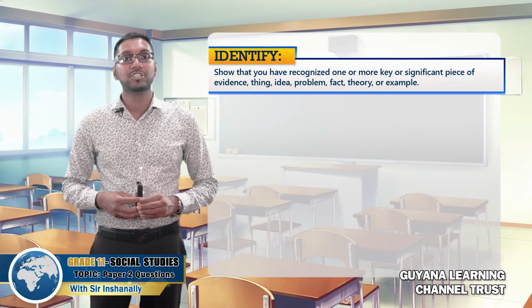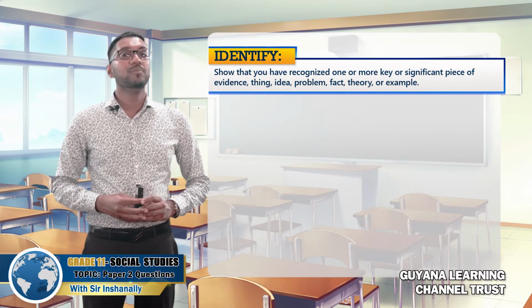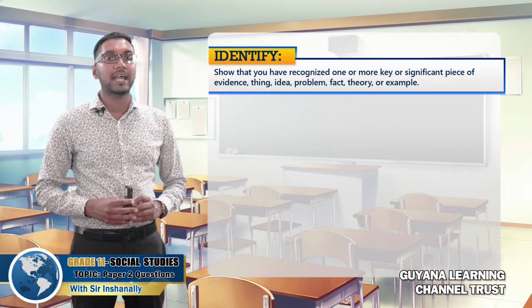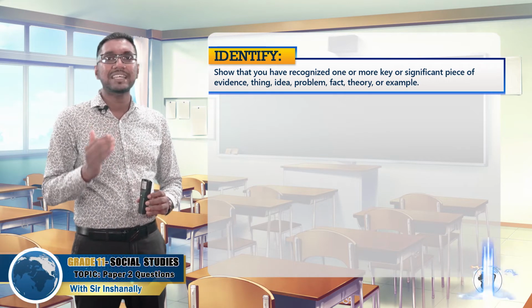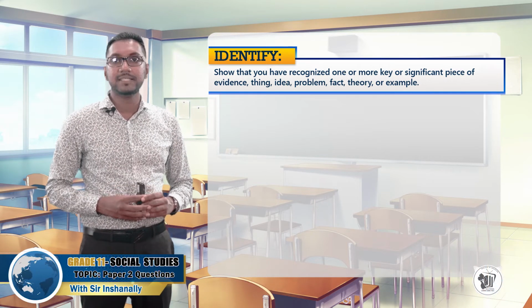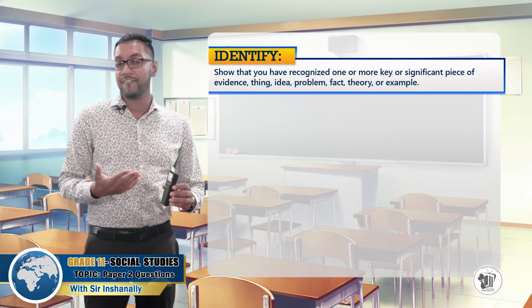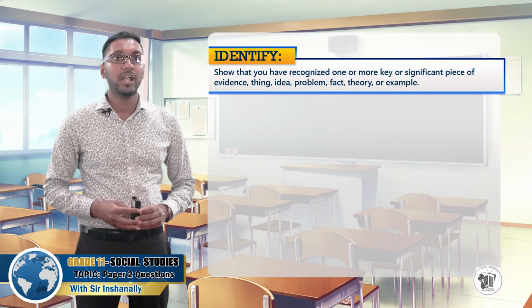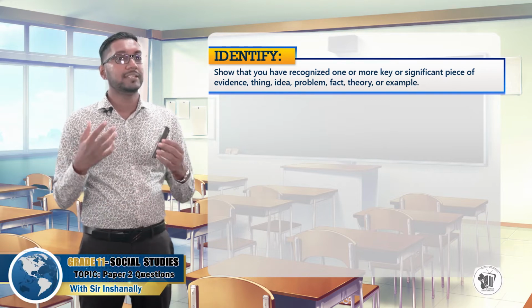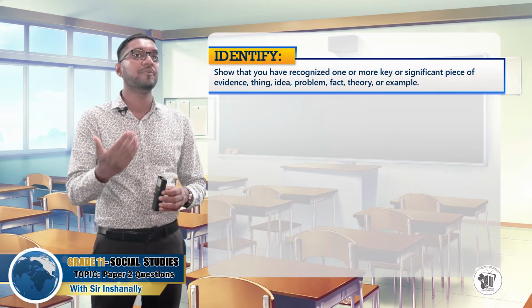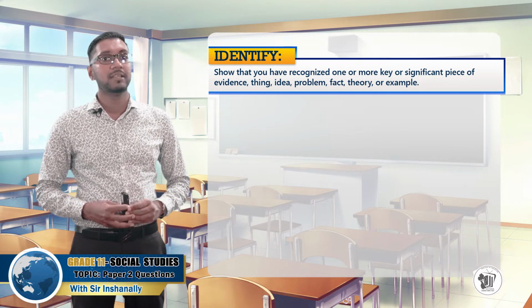As it relates to identify, you must show that you have recognized one or more key or significant pieces of evidence, thing, idea, problem, fact, theory, or example. When you identify, you show that you are familiar with the content.